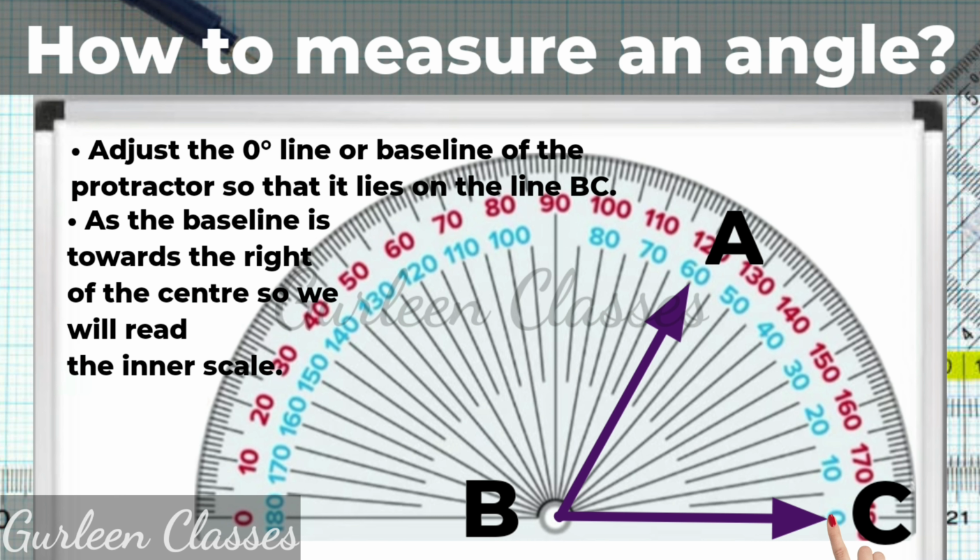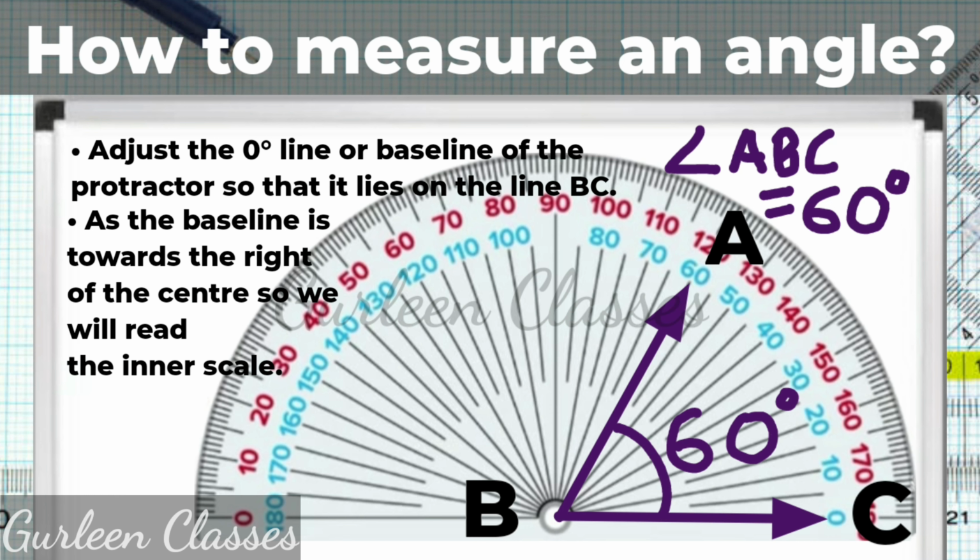As the 0 degree line is towards the right side and on that side the inner scale starts from 0 degree, we will read the inner scale, and as we can see, this angle measures 60 degree. So angle ABC equals 60 degree.